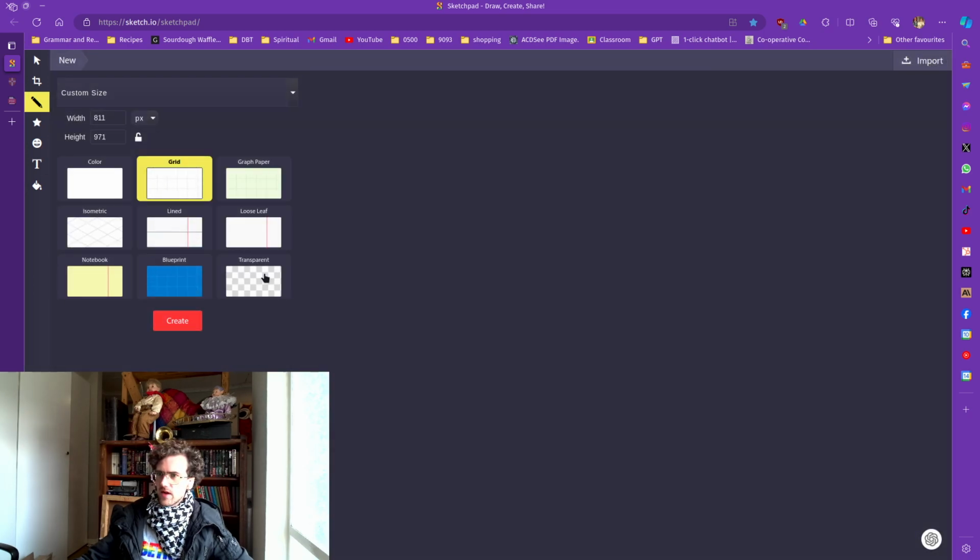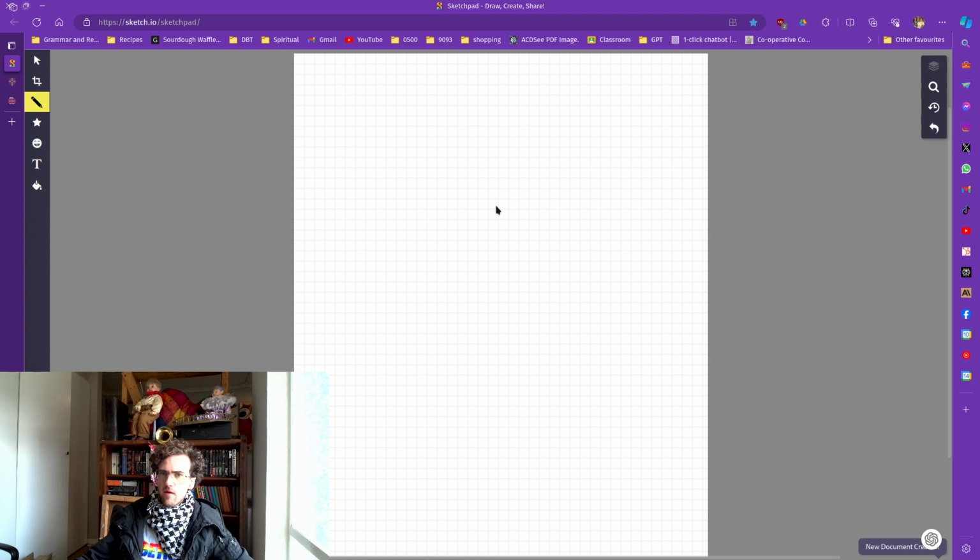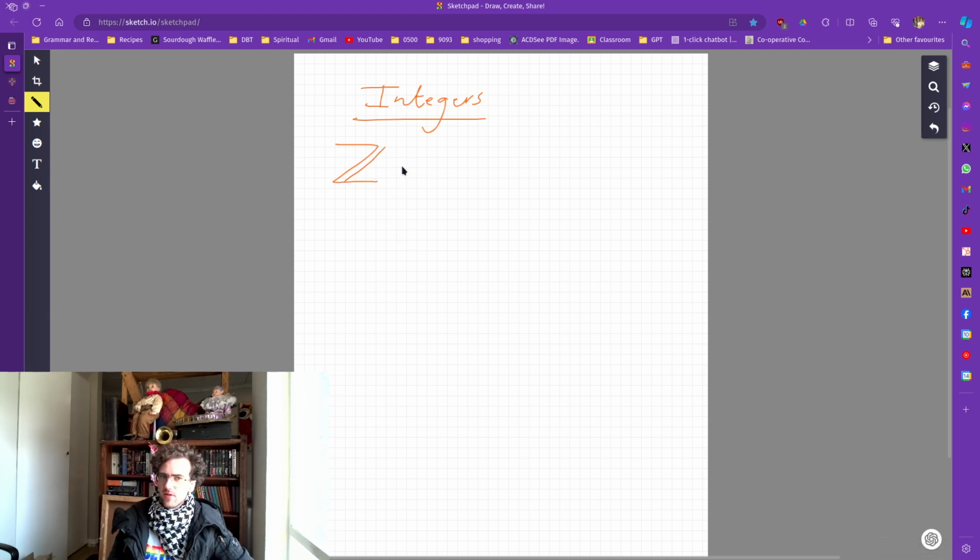So let's create another one. Our next one is our integers. Okay. Now an integer, the symbol for an integer is a Z. I love that symbol. It was my favorite symbol to do at school.